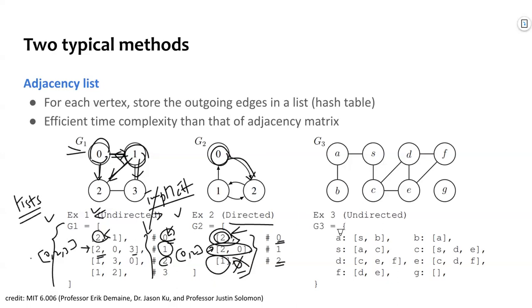So we are making the node and the edges connected explicit using dictionaries like this. So node A is connected to node S and B like this. And we write down the name of the vertex as key.